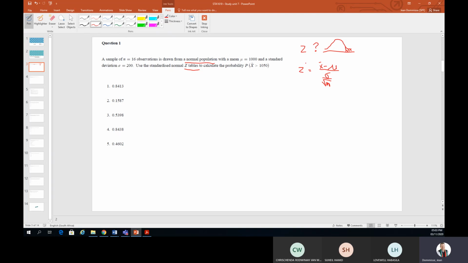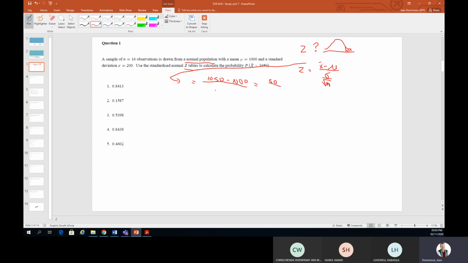Let me get some more space to write. We know the X, they tell us it must be bigger than 1050. They tell us the mean is 1000. So that already at the top will be 50. I'm just making it easier for myself.